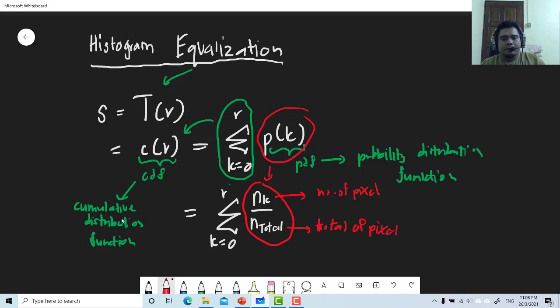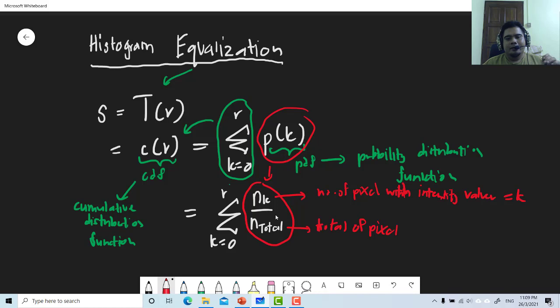The numerator is the number of pixels with intensity value equal to k. So if your intensity value is 0, which is black, you count how many pixels in the matrix have value 0, and then you must divide by the total number of pixels inside the image.